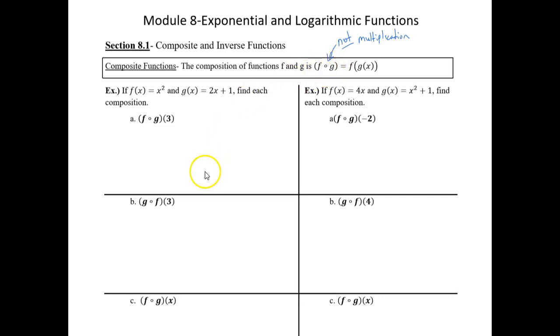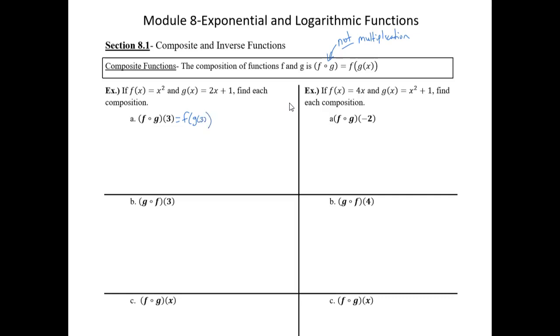The first thing we're going to talk about is evaluating function composition. This first example says f of g of 3.